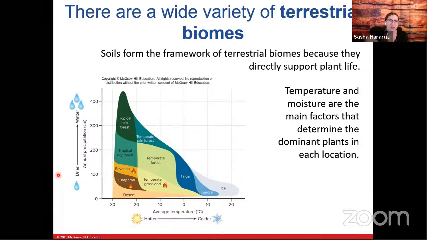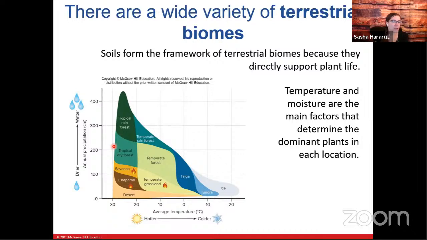Are there any questions about this graph, about the biome distribution and how taiga would differ from, I don't know, tropical dry forest? Does it make sense to you, this plotting of the biomes within the climate envelopes?